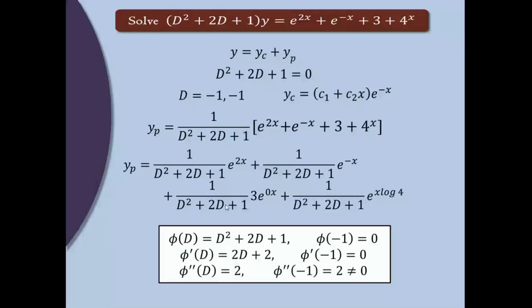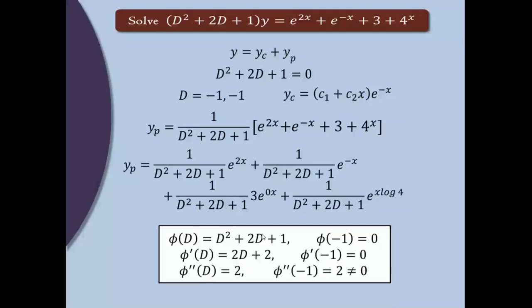Replace d by log 4: log 4 square plus 2 into log 4 plus 1. It will be non-zero because only for these two values it becomes 0, because these are the roots, and the value of log 4 is not minus 1. So for log 4 it cannot be 0. So for the first, third and fourth terms direct replacement, and for the middle term we are following the derivative.